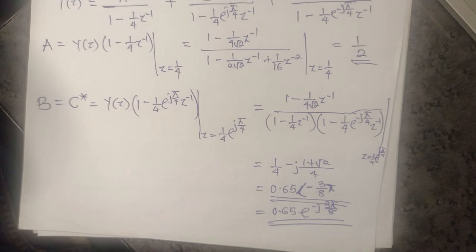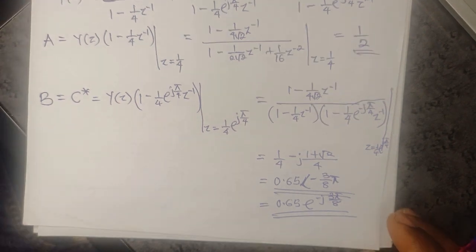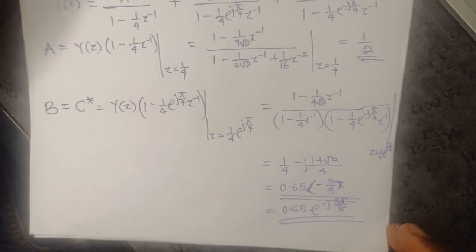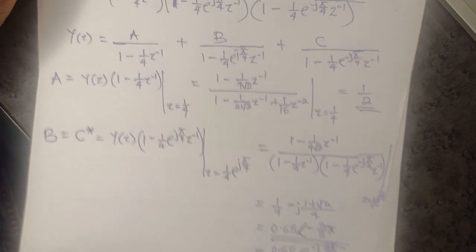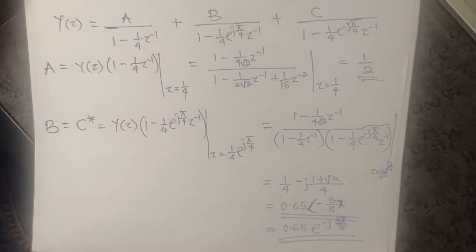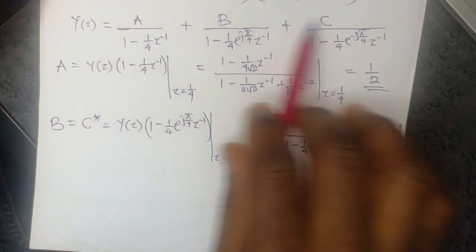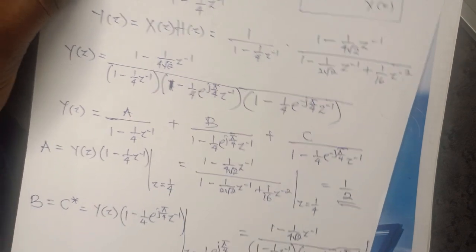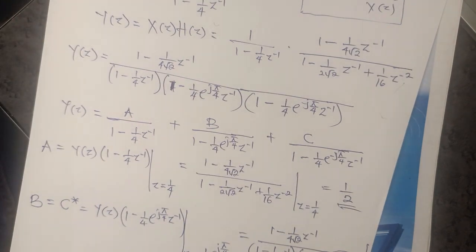So we have our B, we have our C. Now we have gotten our A, our B, and our C. We now put them back into this expression, and from there we will determine what this one will be.